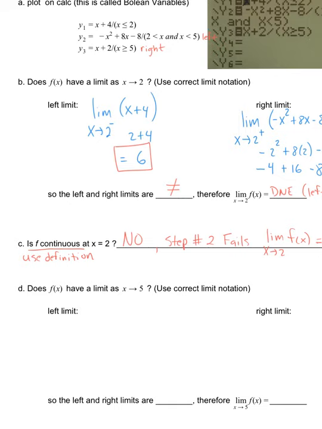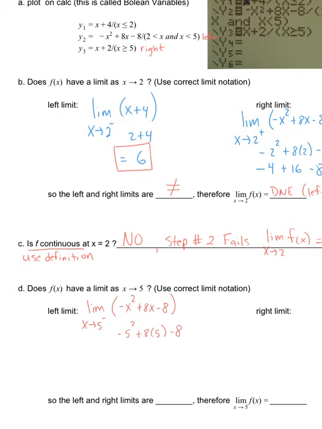Let's do our left limit. The limit as x approaches 5 from the left, and we're going to use our left function, negative x squared plus 8x minus 8. And now we have a limit problem, so we can plug in. So negative 5 squared plus 8 times 5 minus 8.